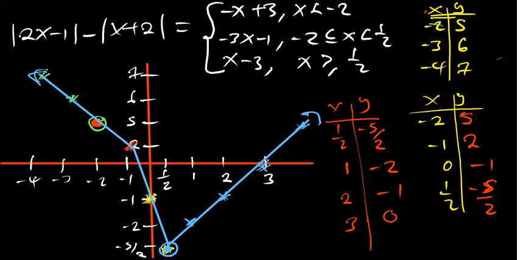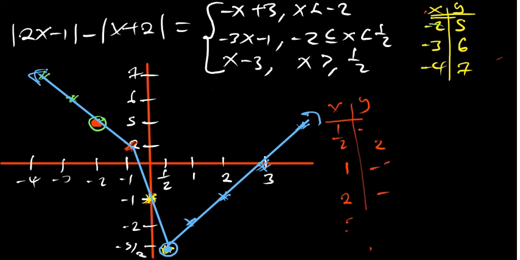But now this is the graph. Now what is our domain in this case? All real numbers. What is the range? The y values, remember?